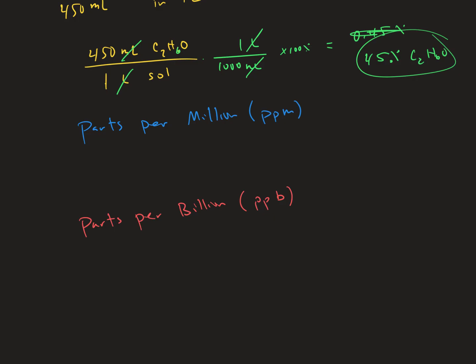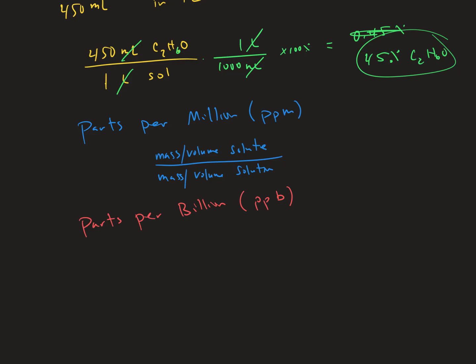So parts per million is going to be mass or volume of solute over mass or volume of solution. Then we don't times by 100 because we're not finding percentage.